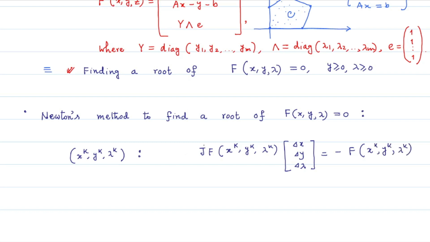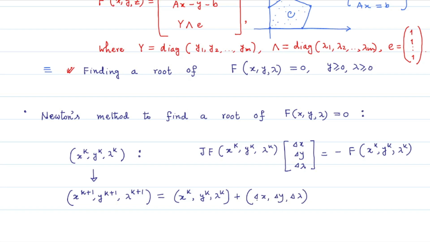This is your Newton scheme: you start from one initial point x naught, y naught, lambda naught, then go for finding iteratively the k plus 1th iterate given by the kth iterate plus this vector delta x, delta y, delta lambda, where delta x, delta y, delta lambda is a solution of this equation.